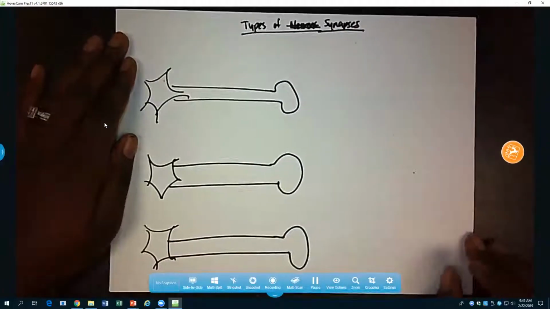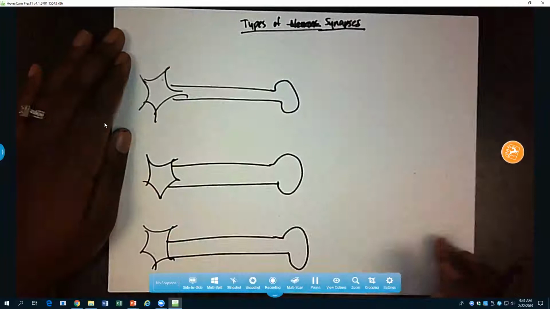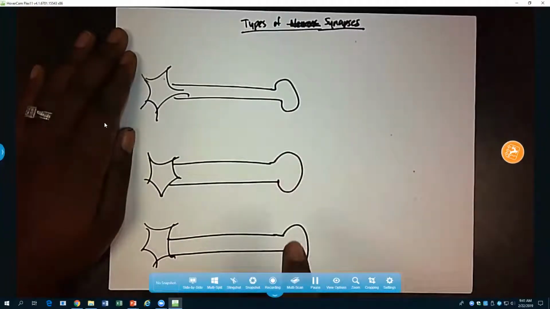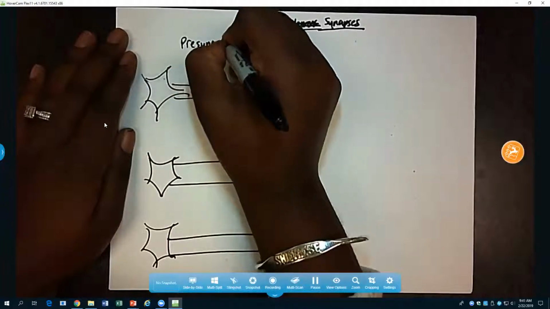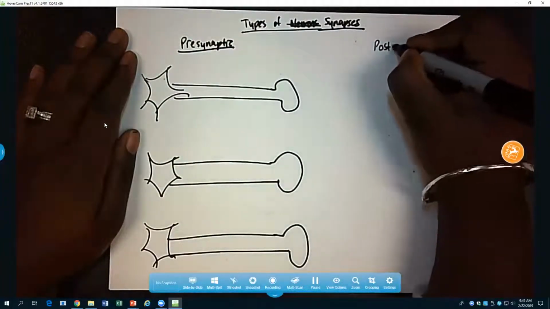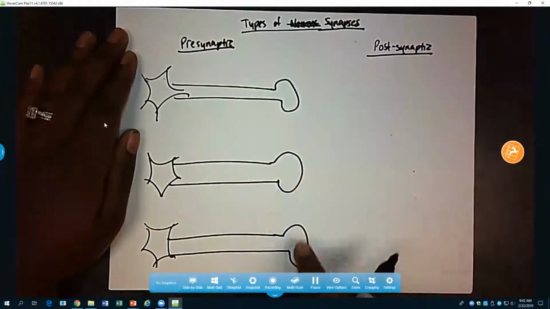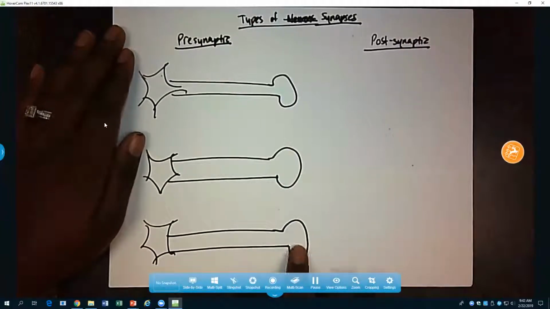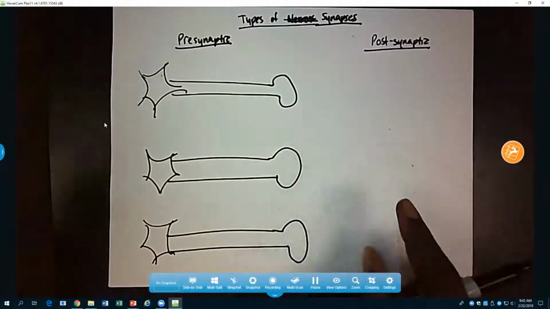Now the terminal bouton, these are all presynaptic neurons, and these will all be postsynaptic neurons. So the terminal bouton of a presynaptic neuron can synapse with one of three different places on a second neuron.